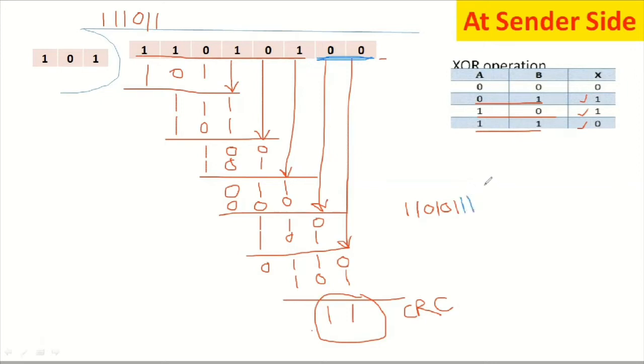So we'll be now placing the remainder at the end. So this will be the data that the sender will create, and this will be transmitted by the sender with the CRC. So original data plus the CRC is transmitted now. So this is all that will happen at the sender side.